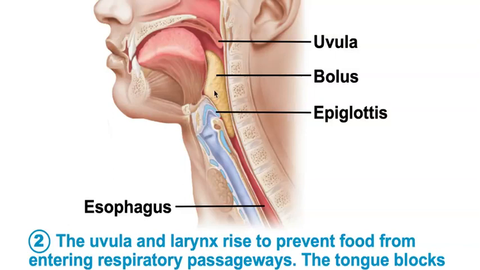And so during this phase, the pharyngeal phase, the epiglottis, the uvula close to allow for food to go back posteriorly into the esophagus and prevent food from going up into either the nasal cavity or down into the trachea.